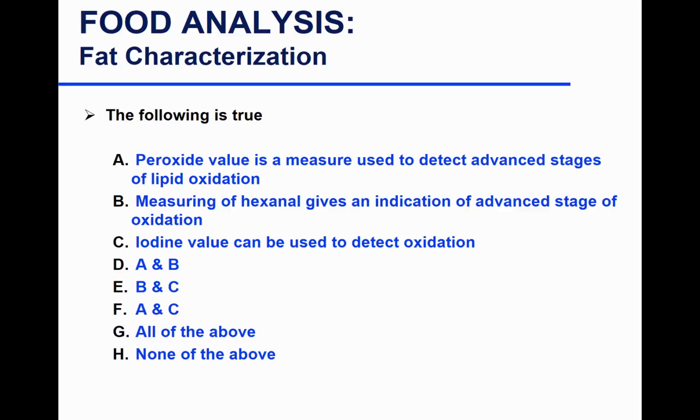Iodine value is a measure of degree of unsaturation, but if a fatty acid got oxidized, it will lose the double bond, and therefore it can be a measure of oxidation as well. So if it starts off with a specific iodine value and that iodine value decreases, that means there is a sign of oxidation. So B and C are correct. And we'll talk about each one of those in more detail.